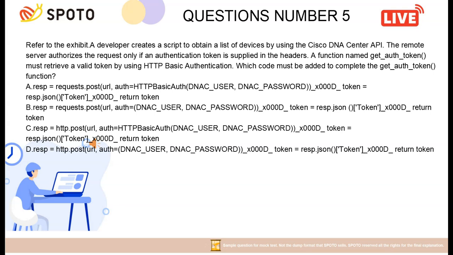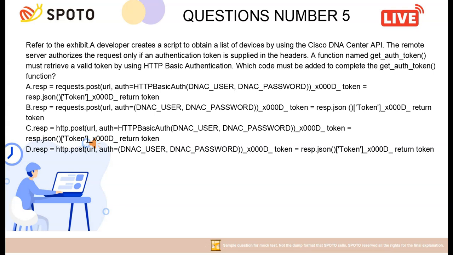A. resp = requests.post(URL, auth=HTTPBasicAuth(DNAC_USER, DNAC_PASSWORD)); token = resp.json()['Token']; return token. B. resp = requests.post(URL, auth=(DNAC_USER, DNAC_PASSWORD)); token = resp.json()['Token']; return token.